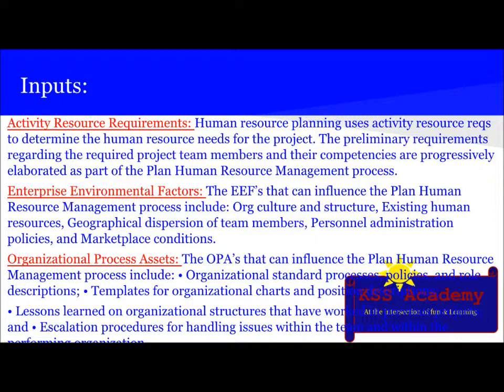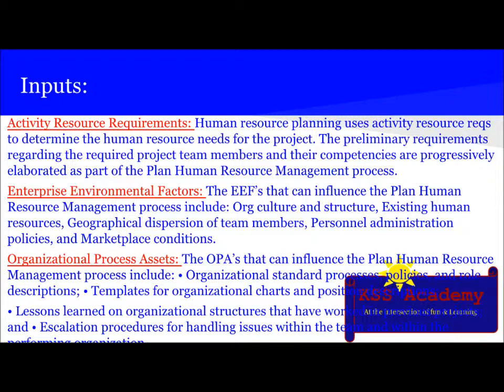The next input is enterprise environmental factors that can influence the plan human resource management process. These include organization culture and structure, existing human resources, geographical dispersion of team members, personnel administration and policies, and marketplace conditions. The next input is organizational process assets that can influence the plan human resource management process.